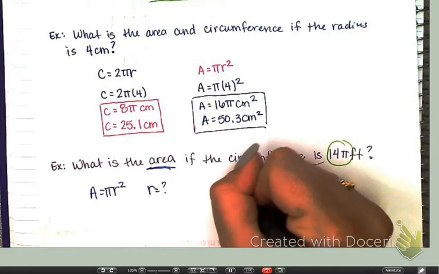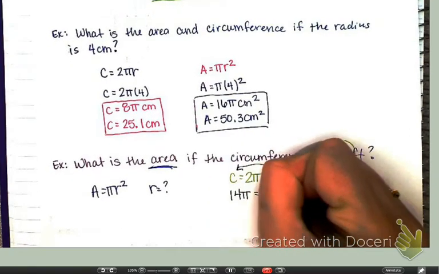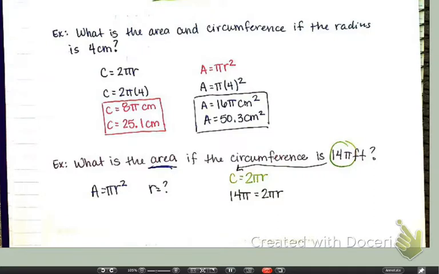Because when I do that, I get 14 pi equals 2 times pi times r. How many variables do you see? 1. Pi is not a variable, it's a number, right? So I see one variable, I have an r. Can I solve for r? Can I get r by itself? Yeah? What would you do to get r by itself?